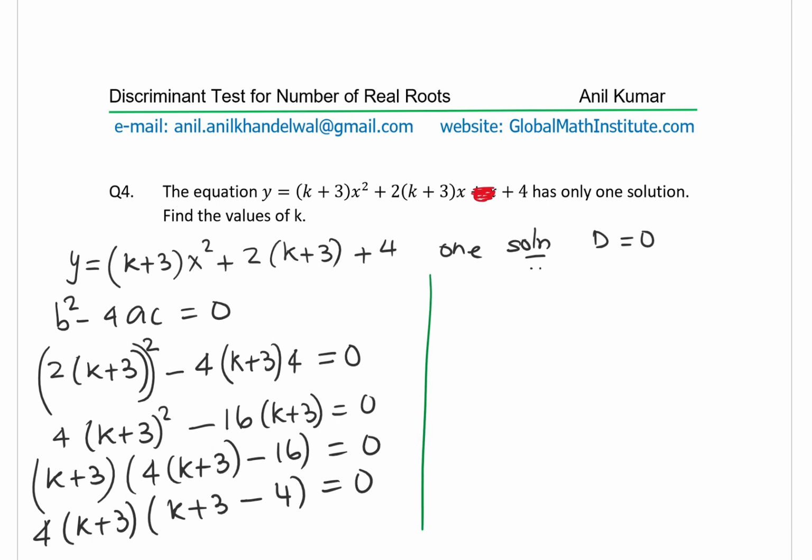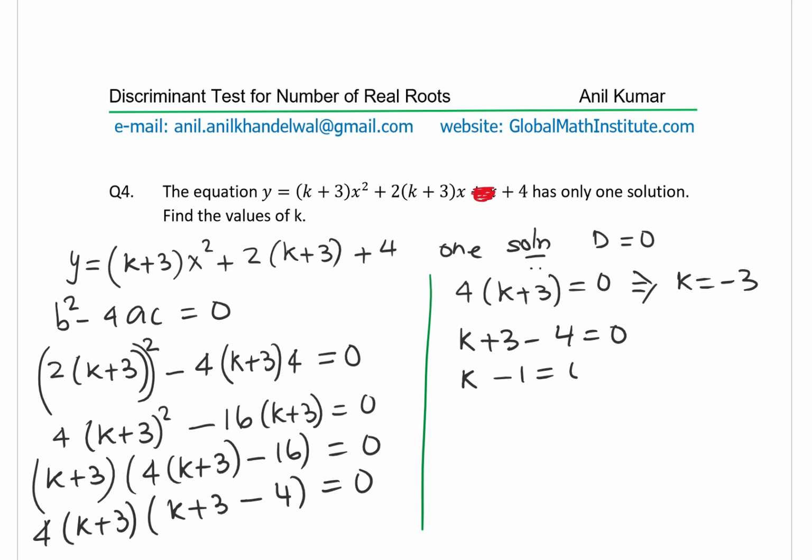We have two parts. One is 4 times k plus 3 equals to 0. That gives you k equals to minus 3. So this is one solution, right? The other one is we have k plus 3 minus 4 equals to 0, which gives you k minus 1 equals to 0 or k equals to 1.